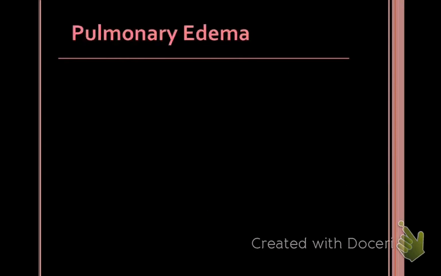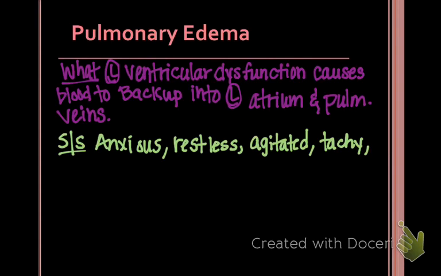What is pulmonary edema? It is the left ventricular dysfunction that causes blood to back up into the left atrium and the pulmonary veins, like we just talked about. What are you going to see? You're going to see anxiousness, restlessness, agitation, tachycardia, increased blood pressure.